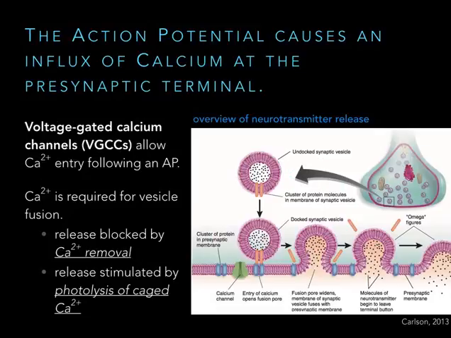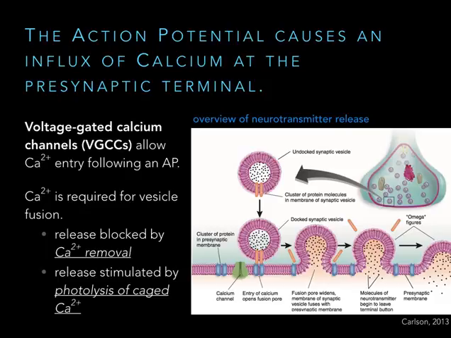Okay, the whole point of firing an action potential is to cause the release of neurotransmitter, and this absolutely depends on calcium entry. So there are voltage-gated calcium channels, and those are exactly what they sound like. They have an activation gate, and it depends on membrane potential. So when that positive potential from the action potential reaches the presynaptic site, that opens the voltage gate in these calcium channels, and then calcium can enter the cell.